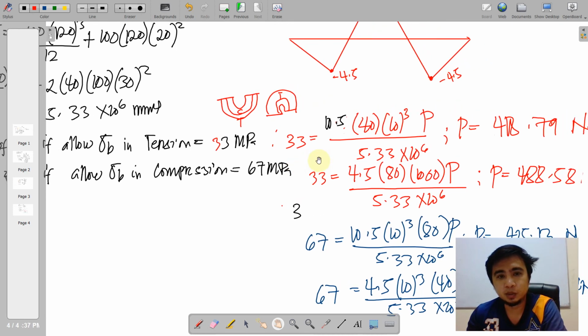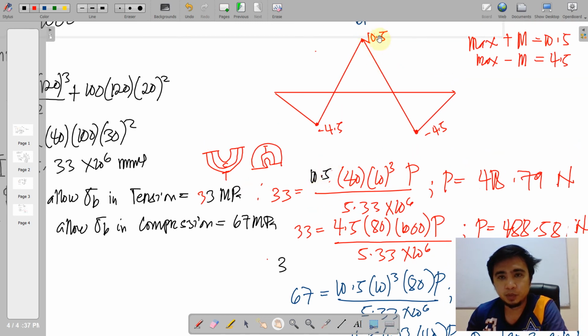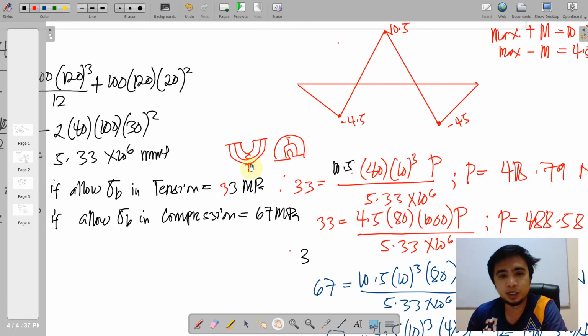So what are those tension here? So for positive orientation of the bending, your tensile will be at the bottom. And what will be your positive moment? That will be equivalent to 10.5 here. So that is the positive. And then the distance of the tensile is 40.